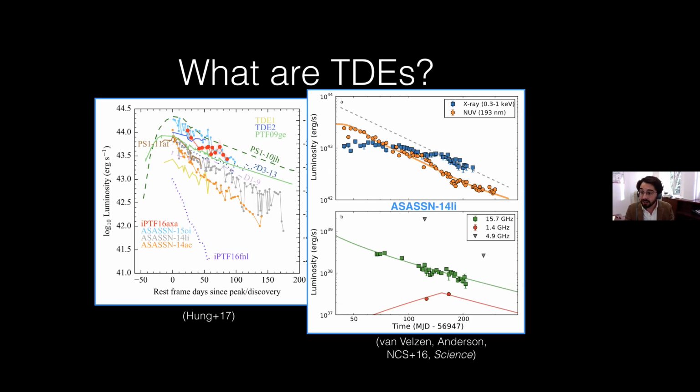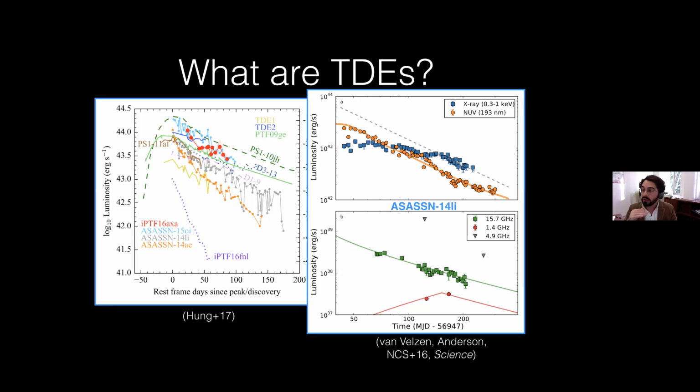Okay, the left panel was a compilation of bolometric light curves. But in reality, observed TDEs are multi-wavelength flares. They emit photons across the electromagnetic spectrum from radio wavelengths all the way up to very hard X-rays. What you're seeing here are a couple of different light curves for the same tidal disruption event, ASASSN-14li.